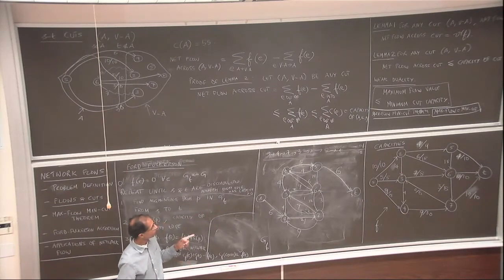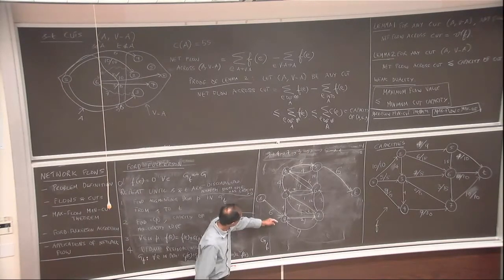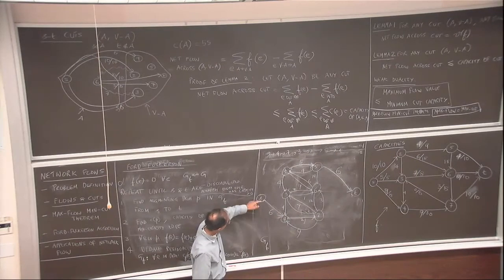Good. What's my total flow at this point? 10 plus 5, 15, 15 plus 9, 24. Okay. Is there a path from S to T? How does that go?